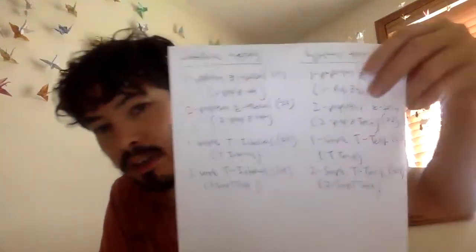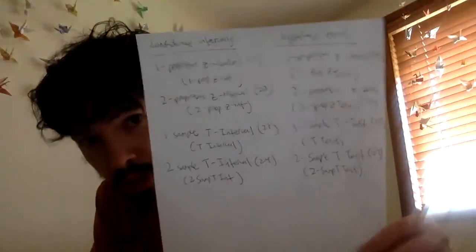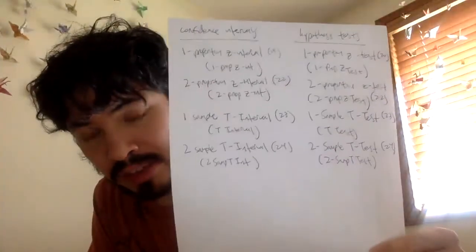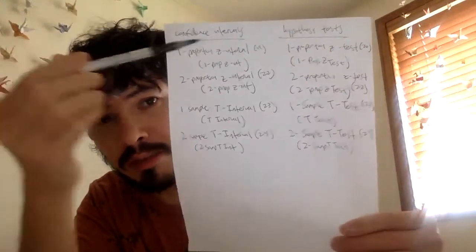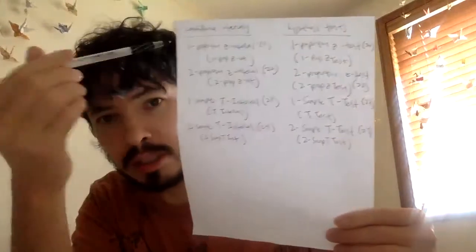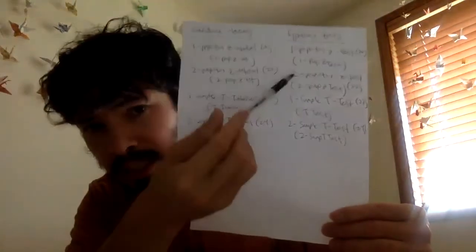One nice thing about Chapter 25 is this is the last chapter that will be covered in the AP test. So we're going to add one more interval and test to our confidence intervals and our hypothesis tests. We have the 1 proportion Z interval and test, Z-score, normal model. 2 proportion Z interval and test.